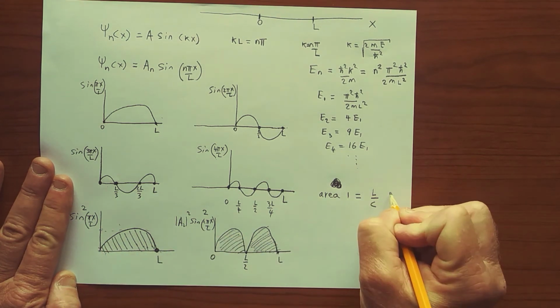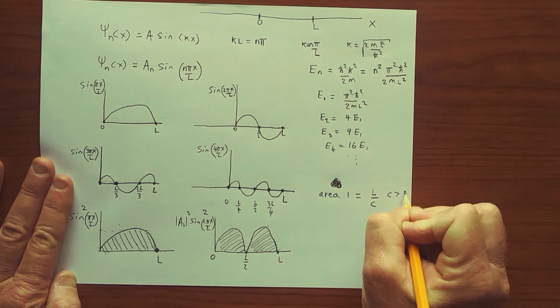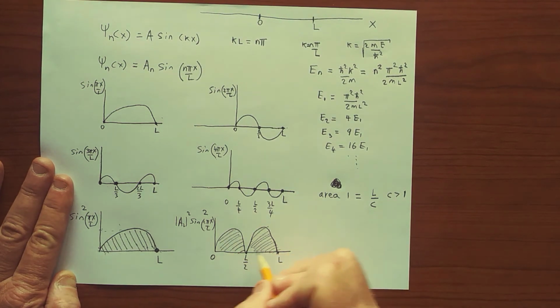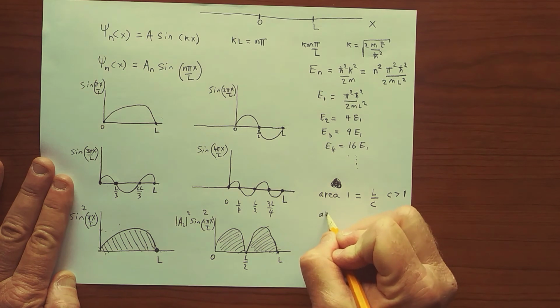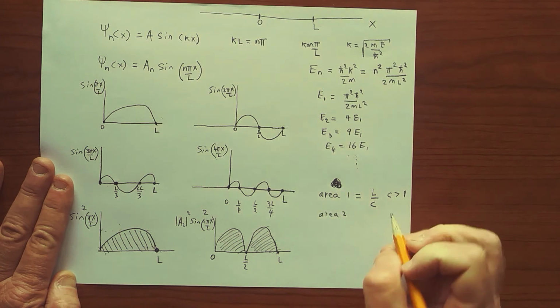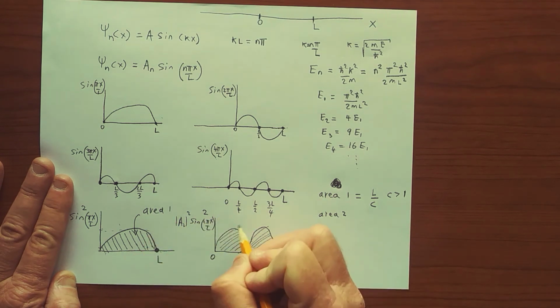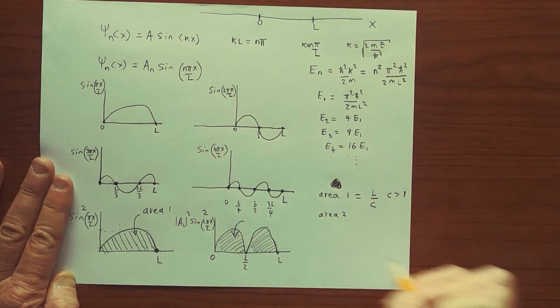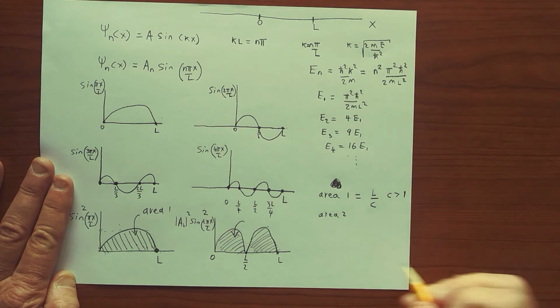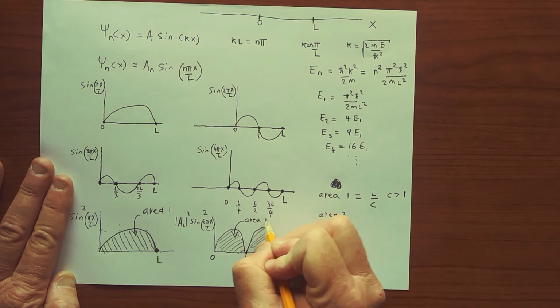So it's really L over C, where C is some number greater than 1. And the total area here, let's call this area 1, and let's call this area 2.